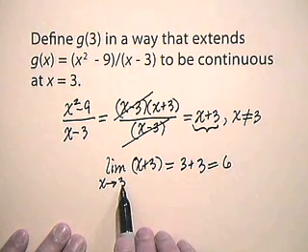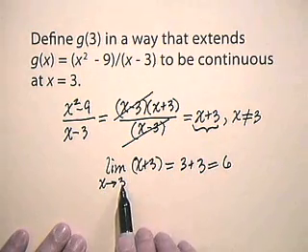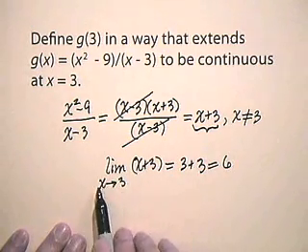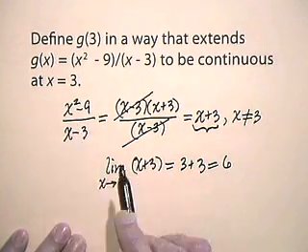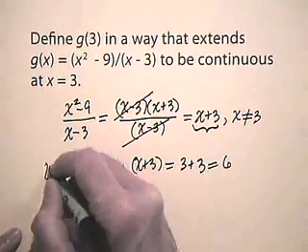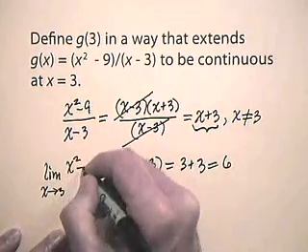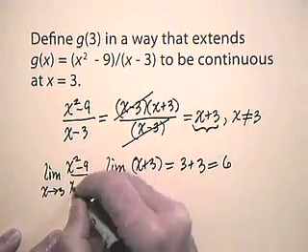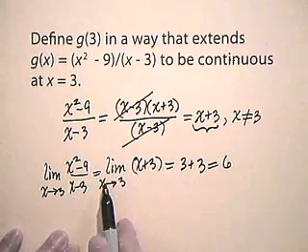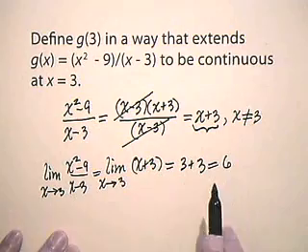Notice, if this expression is equal to this expression for every x not equal to 3, since the limit operation as x approaches 3 has nothing to do with the value of the function at 3, only with other values of x, that means these two have to be equal, have the same limit, that is, at 3. So I can put limit of x squared minus 9 over x minus 3 equals limit as x approaches 3 of x plus 3 equals 6.